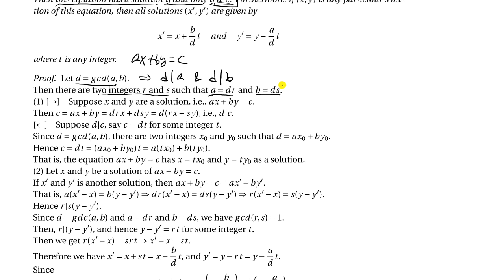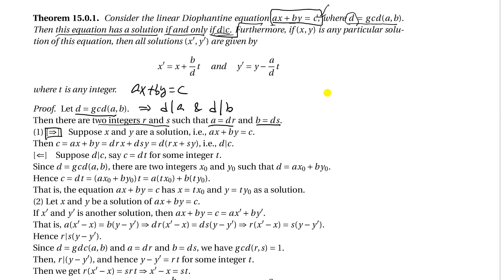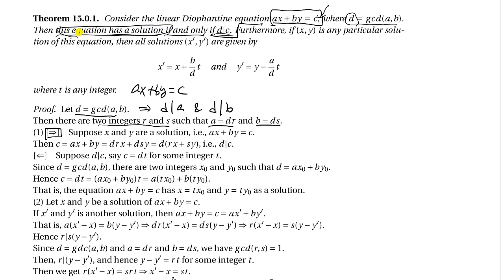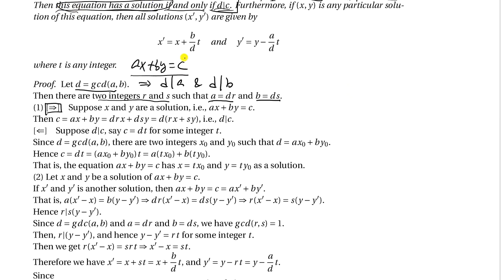Now let's prove that direction, which means let's say we have a solution. That's the condition right now: this equation has a solution. Let's say x and y are the solution, so right now, temporarily, it is some fixed number. It's better to say x0, y0 is the solution of that expression, which means a x0 plus b y0 equals c.